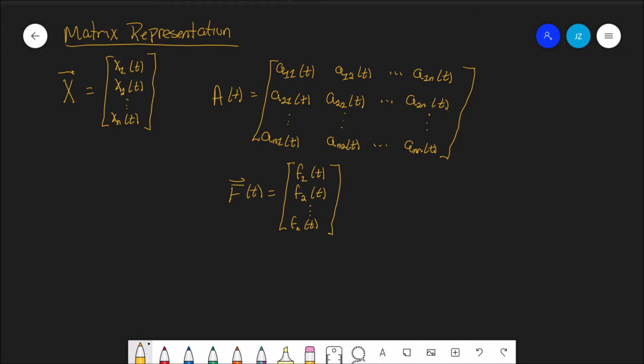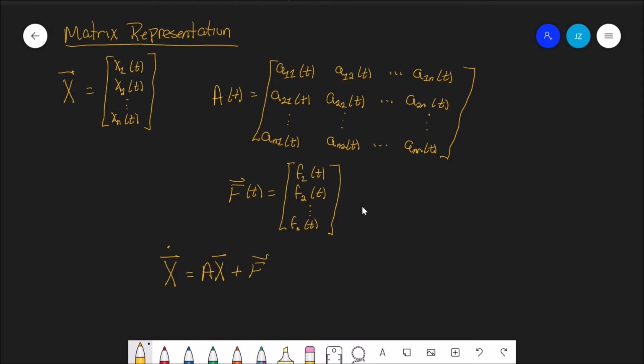Then the system can be written in the form x dot is equal to Ax plus f. These arrows, you should remember from Calculus 3, represent that it is a vector, and a vector is simply a special type of matrix.